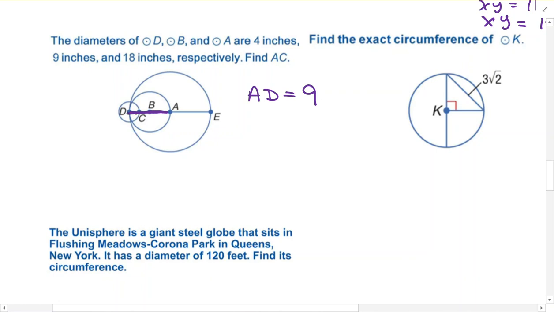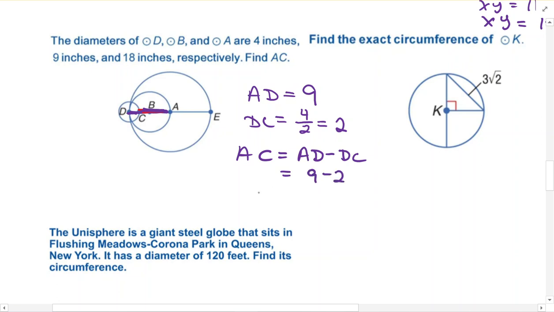DC is the radius of circle D. So if the diameter of circle D is 4, it's going to be half of that, which is 2. And AC, which is this length right here, would be AD minus DC. So it would be 9 minus 2, so AC is 7.